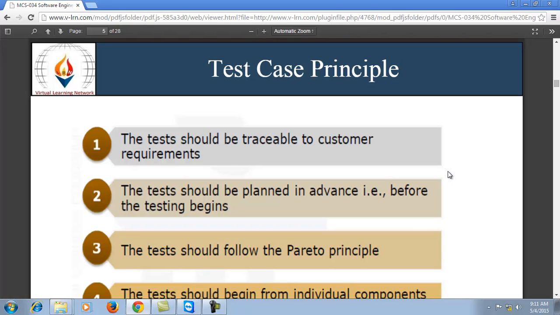Next is the Pareto principle. Your test should follow the Pareto principle. It means to confirm the output of 80%, you have to test only 20% of the data.